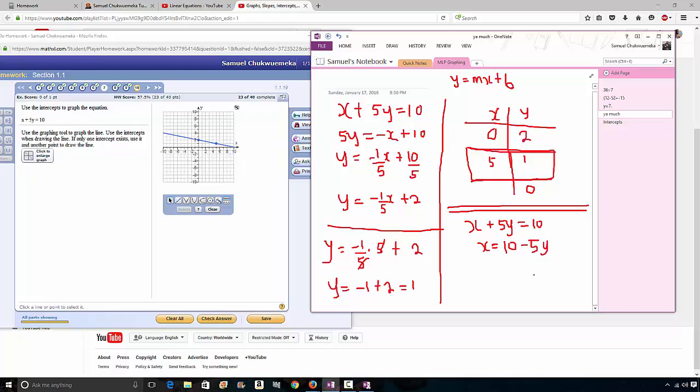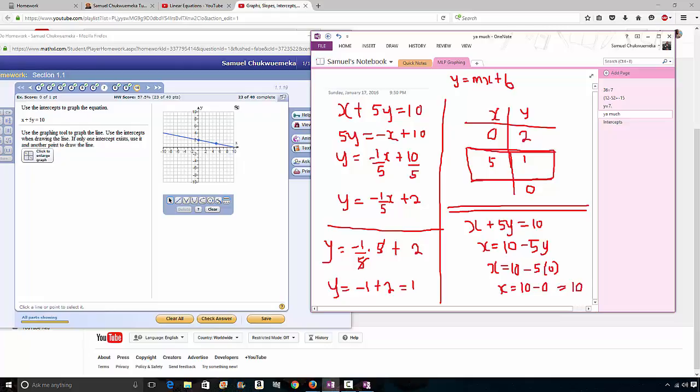So when y is 0, then x will be what? 10 minus 5 times 0, and that would be 10 minus 0, and that is 10.